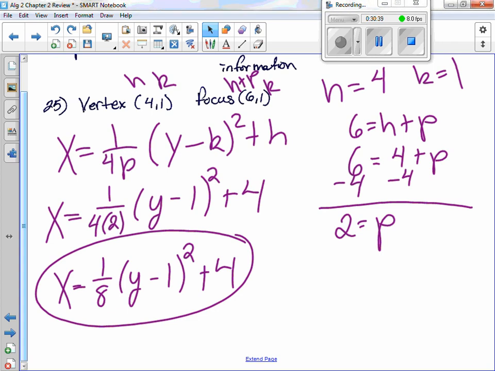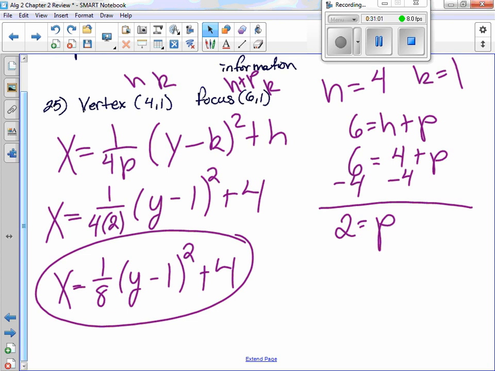So if that was the case, I'd be using this. Here, I have h, k. What happens to the h value? I add something to it, yes? So it changes. So if the x value is changing from the vertex to the focus, we use this. If the k value is changing, the second value is changing, we use this one.